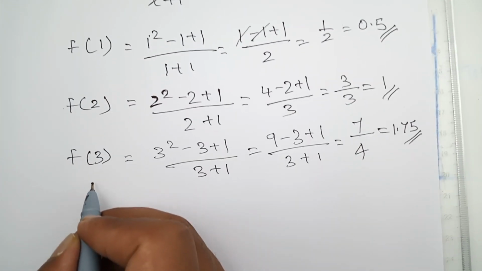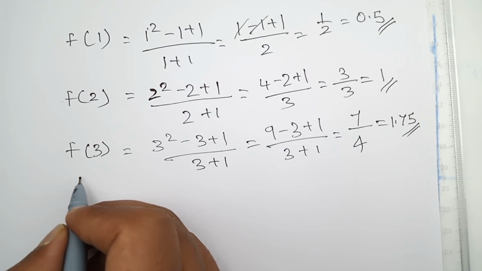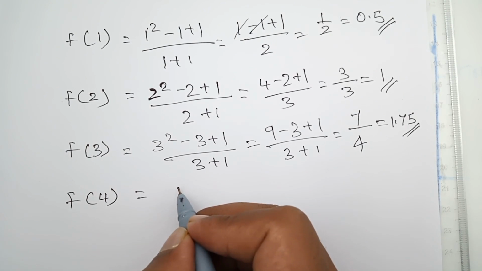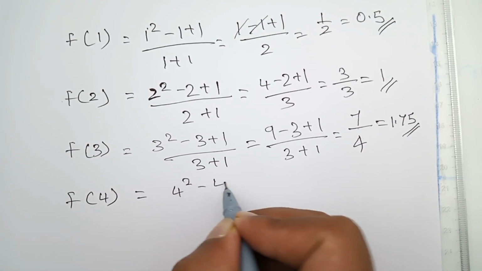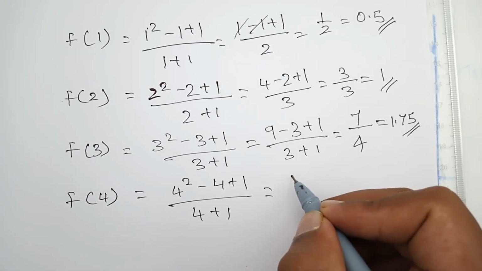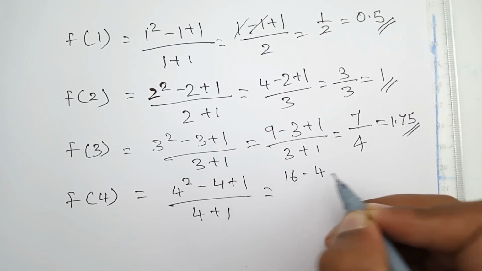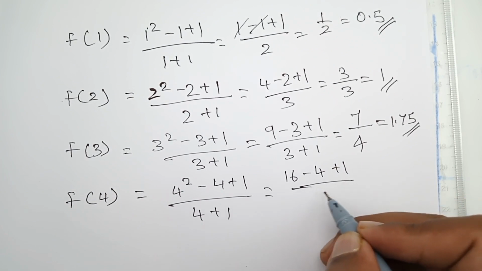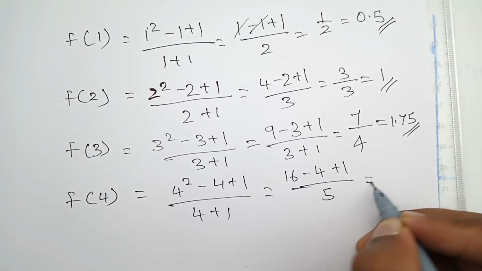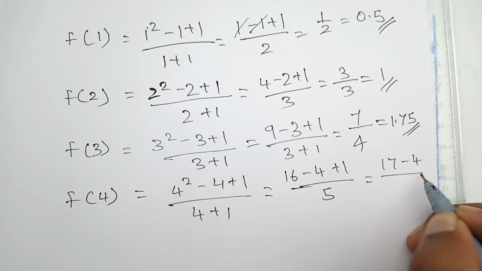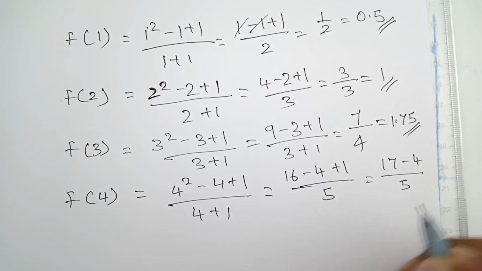Now the last one, f of 4 is equal to 4 square minus 4 plus 1 by 4 plus 1 is equal to 4 square is 16, minus 4 plus 1 by 5. Then 16 plus 1 is 17, minus 4 by 5.